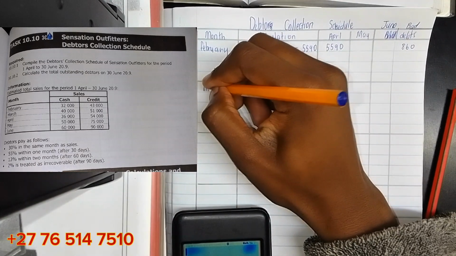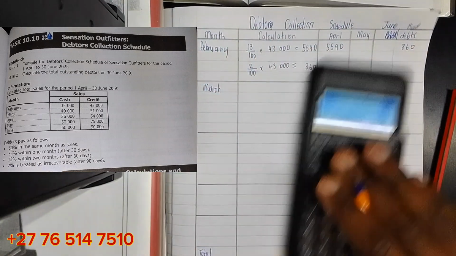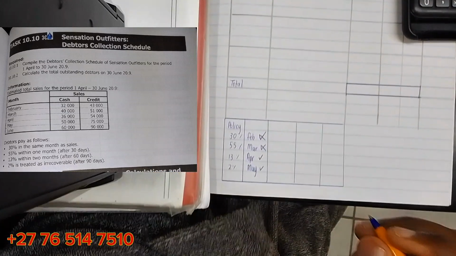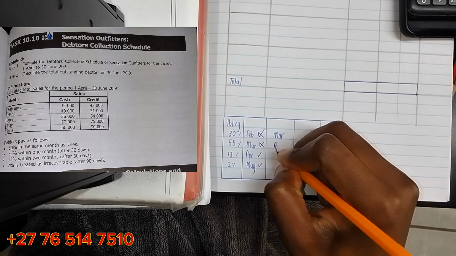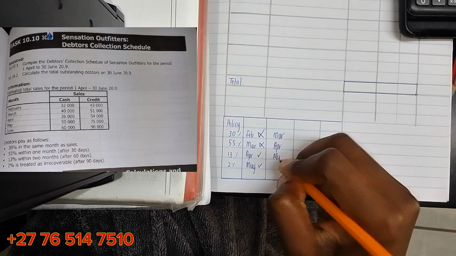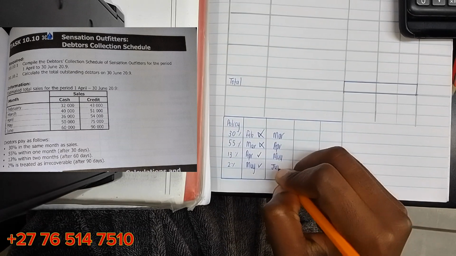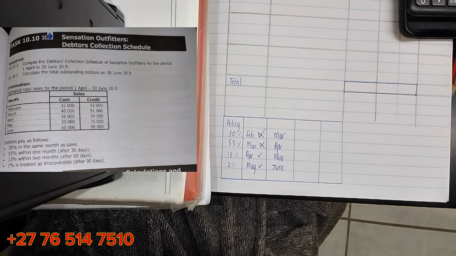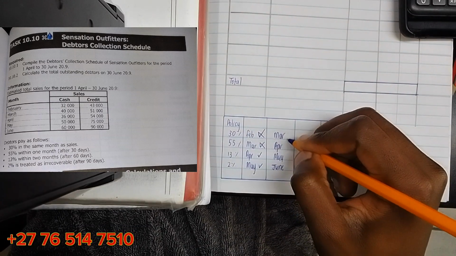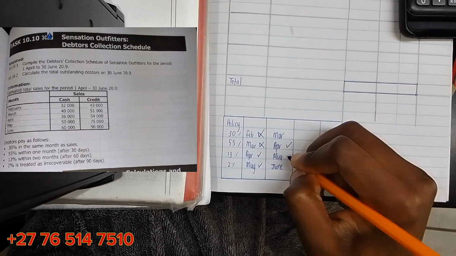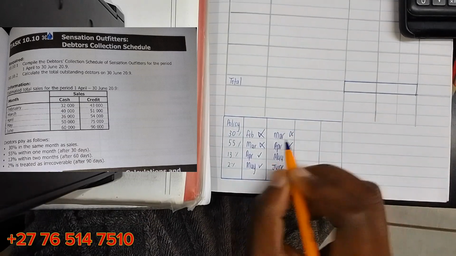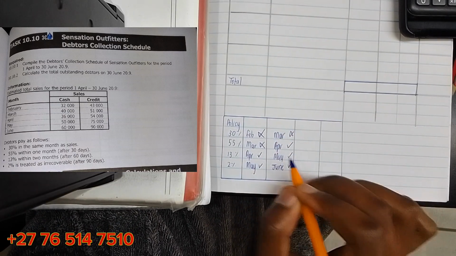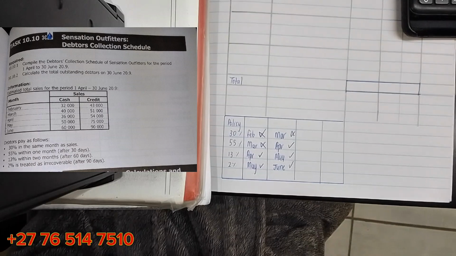We're moving on to March. We're coming back here. March, April, May, June. So which ones are in our budgeting period? It's April, May, and June. This one is not there, so we're not calculating for March. We're calculating April, May, and June.